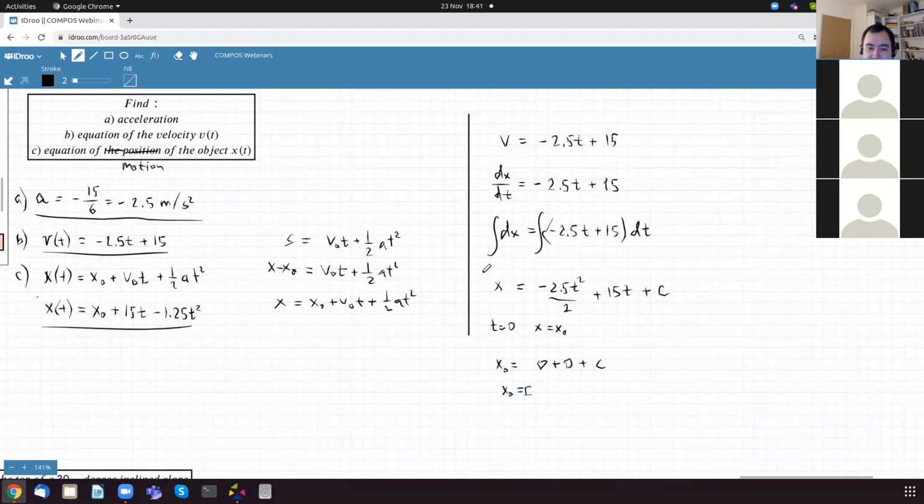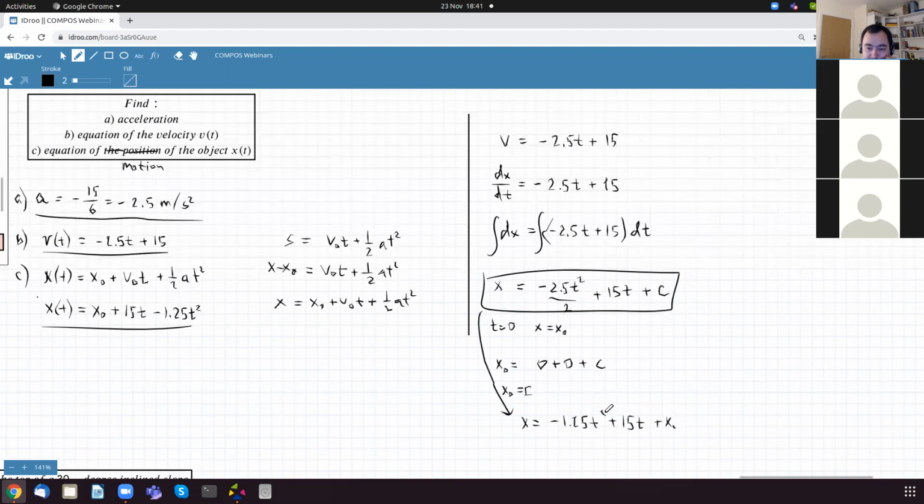So this equation becomes x is equal to minus 1.25 t squared plus 15t plus x0, which is exactly what we have here.